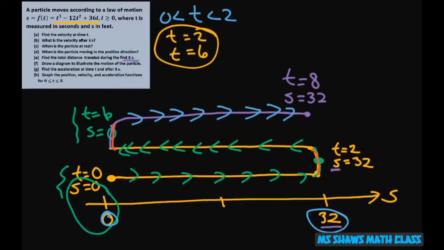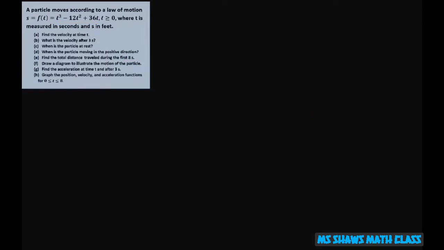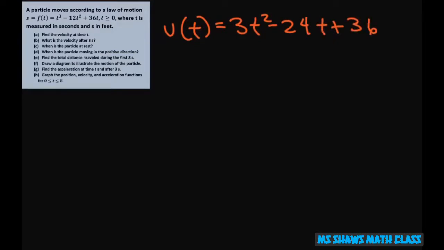Now we have to find the acceleration at time t and after 3 seconds. So basically, the acceleration, let's write the velocity down. So the acceleration of t is just the derivative of the velocity. And that's going to be 6t minus 24.